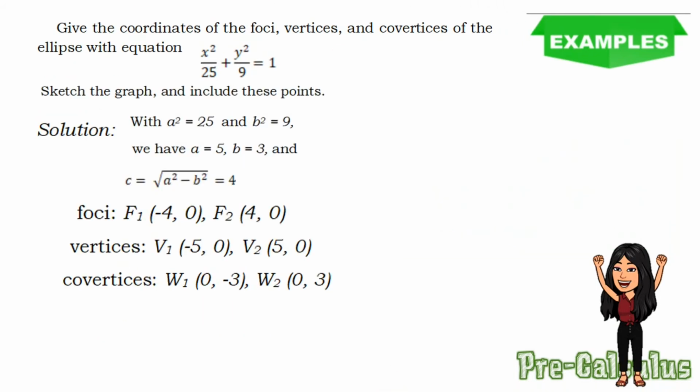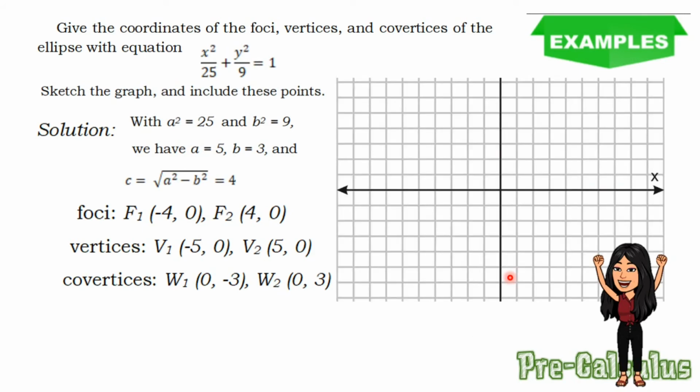Ayan. Having the information and the coordinates that we got earlier, we can now graph. So we are to graph first our foci. Ayan siya. We will be having 4 units to the left and 4 units to the right. And then, our vertices are 5 units to the left, negative 5, and 5 units to the right, we have positive 5.